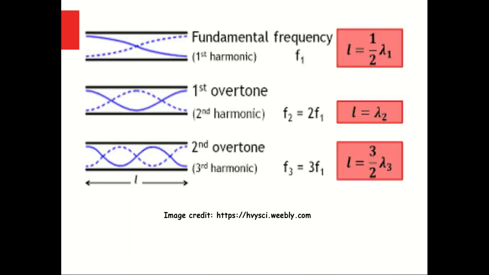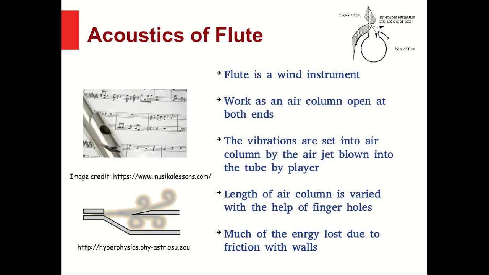So this is all about the acoustics of a flute, in which the vibrations are set into the air column in the flute by the air jet, not the normal air. You can say these are the air jets blown into the tube by the player.